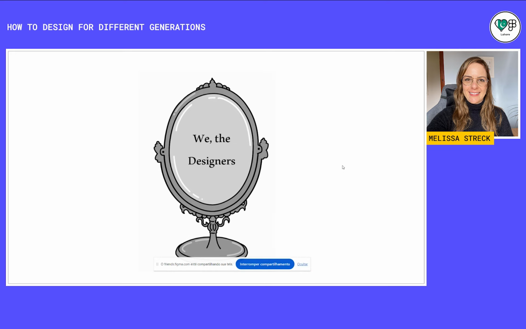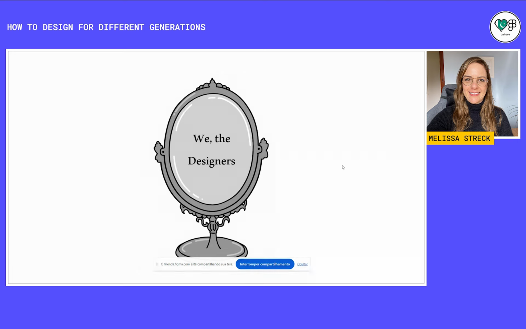So that's why it's very important to look at that persona. And here we can talk about gender, generation, work activity, lifestyle. There are a lot of things that could be included.